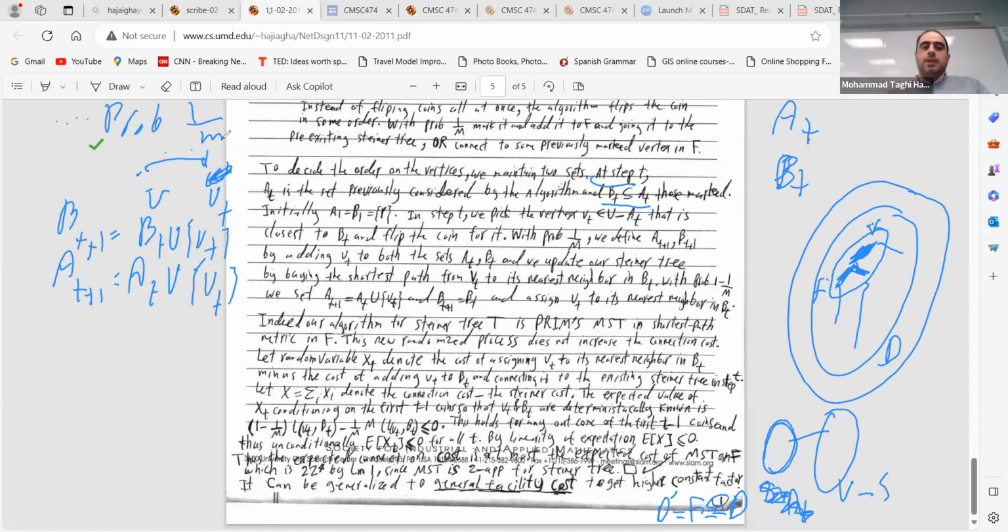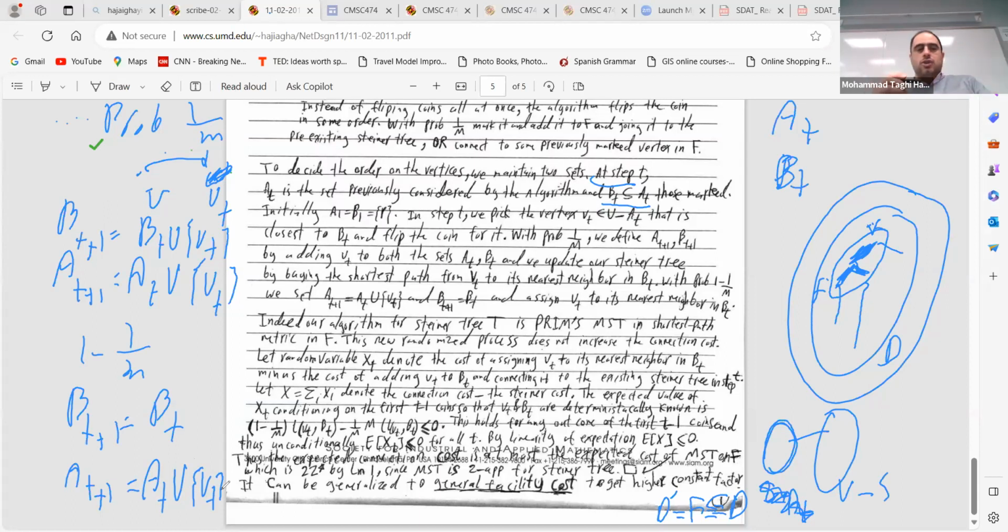Now, with probability 1 minus 1 over m, this vertex is not a facility. In that case, B_{T+1} equals B_T, and A_{T+1} equals A_T union V_T. What about the first vertex?